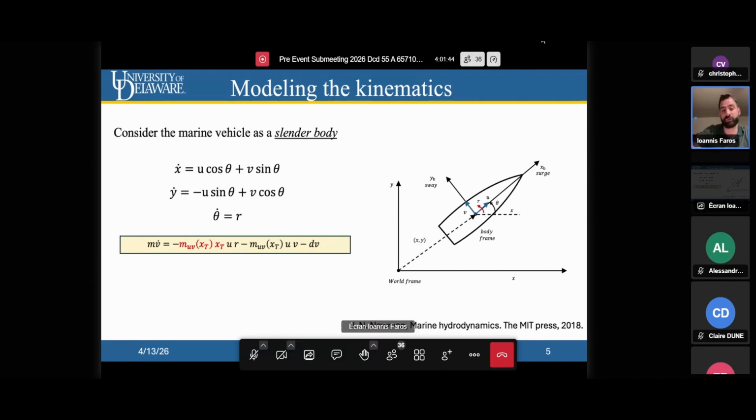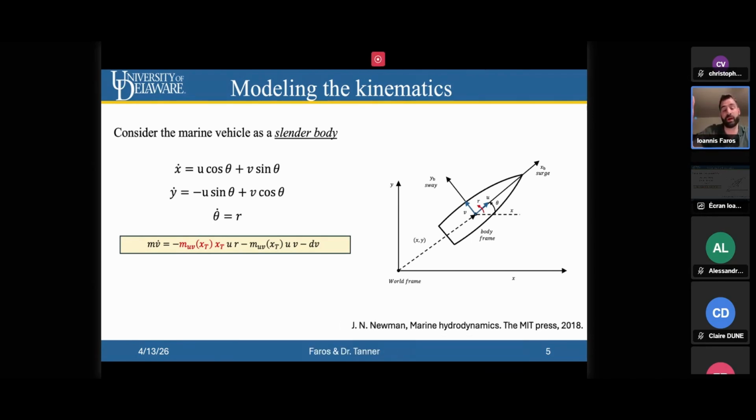And now we have the freedom to play with this term and make it equal to 1, because we want essentially to cancel this UR term as we do in the hovercraft.